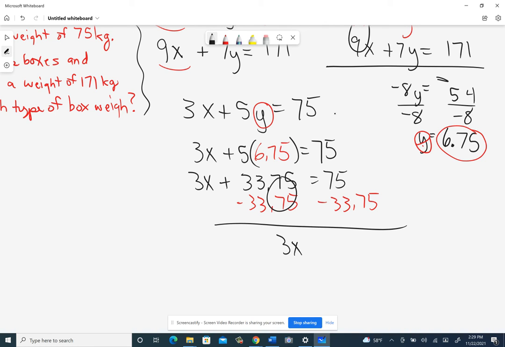Which gives me 3x equaling 41.25. And then when I divide by 3, I get that x equals 13.75.